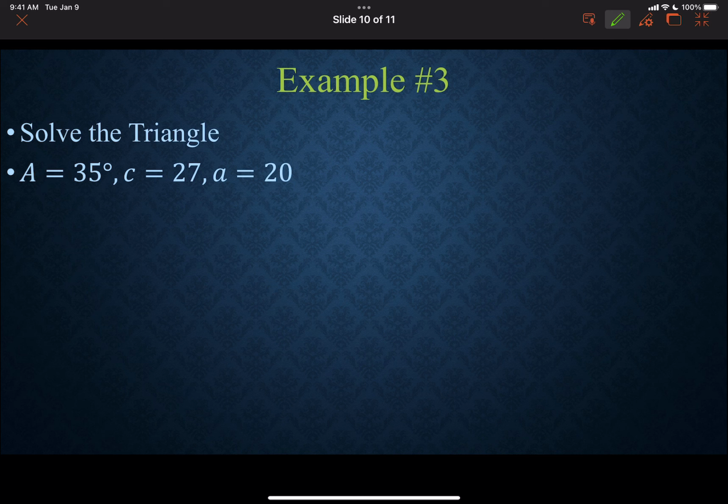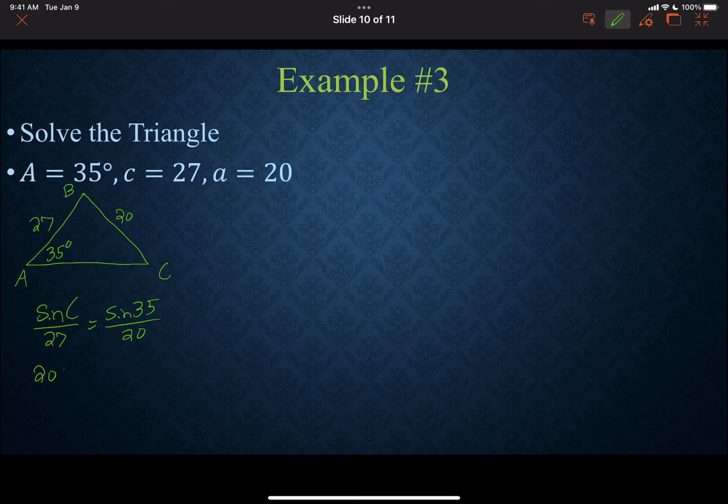So for this one right here, we're recognizing that based on our triangle, A, B, and C, angle A is 35 degrees. Side A is 20. Side C is 27. So we go ahead and solve for angle C first because we can't find anything about B yet. So that'd be sine of C over 27 equals sine of 35 over 20.